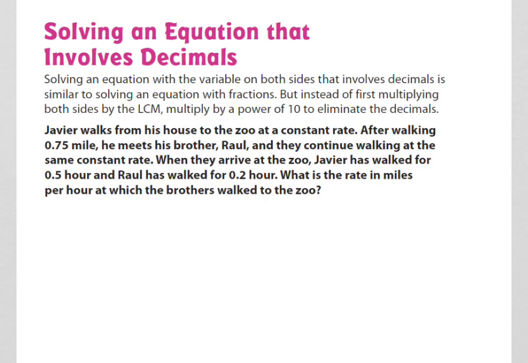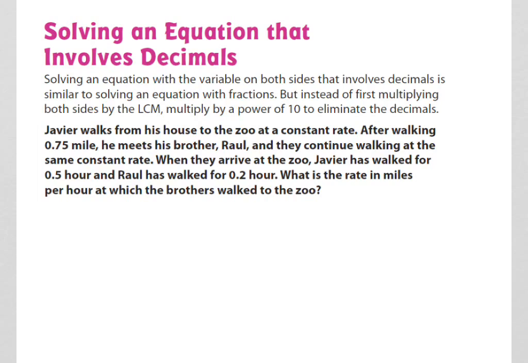So Javier walks from his house to a zoo at a constant rate. After walking 75 hundredths of a mile, or 0.75, however you want to read that, he meets his brother Raul, and they continue walking at the same constant rate.